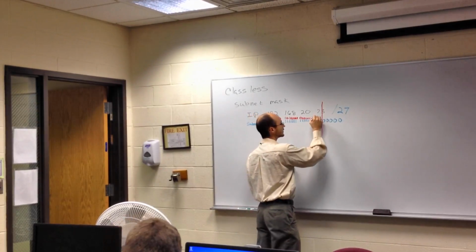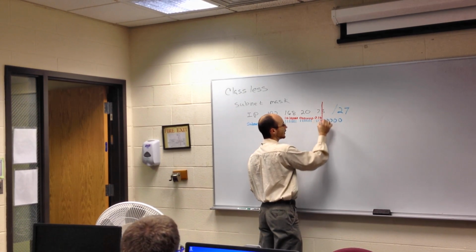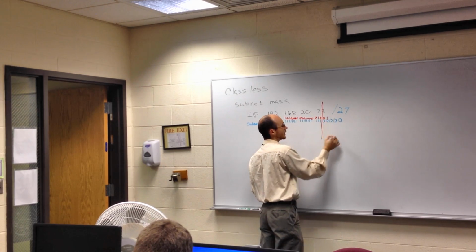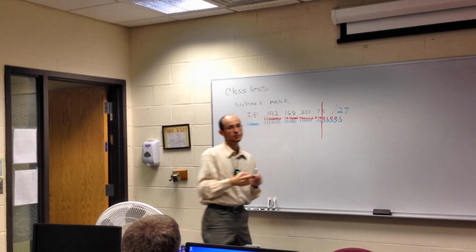73. 0, 1 in the 64, a 0 in the 32, a 0 in the 16, a 1 in the 8, a 0 in the 4, a 0 in the 2, and a 1 in the 1. I'm looking at 73 and I'm thinking I can get a 64, an 8, and a 1. 64 plus 8 is 72 plus 1 is 73.